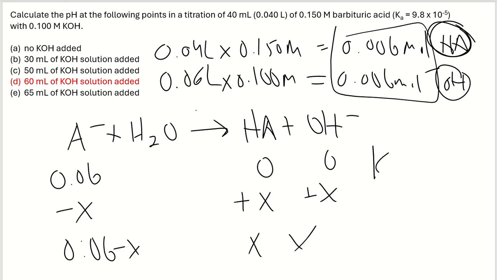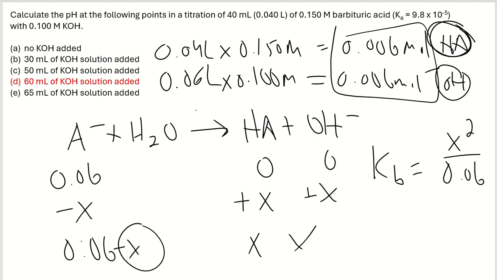It is just our K value, in this case it's Kb, equals x squared over the initial concentration. We can omit the minus x because we're assuming it is negligible, so it's not going to affect our overall value. We can just drop it from the equation.